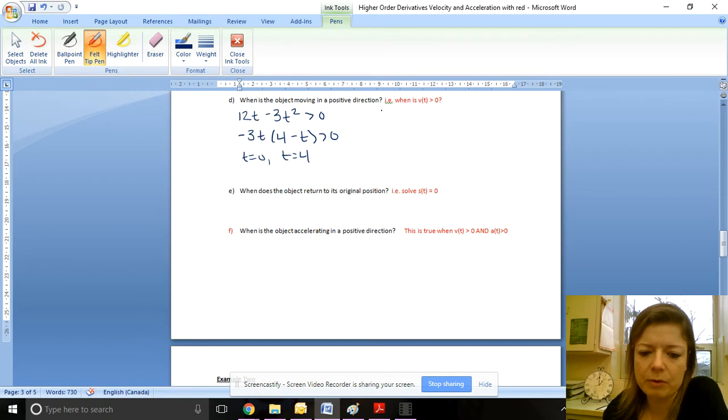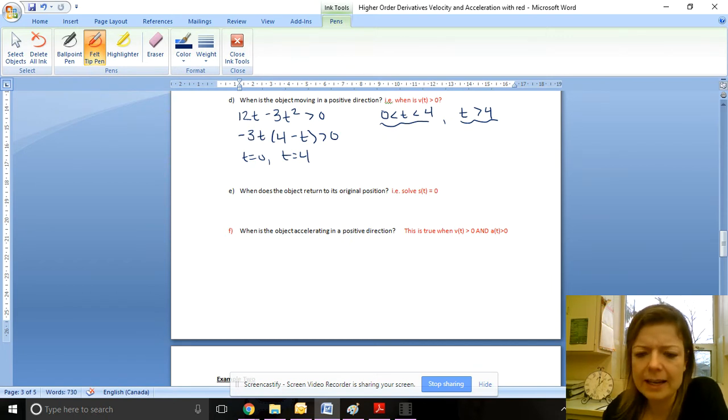So we don't care about before 0, so we just care about between 0 and 4 seconds, and then after 4 seconds. So we just do a little table here. Because we know it's changing direction at 0 and at 4, we just need to look at between 0 and 4 and then after 4.